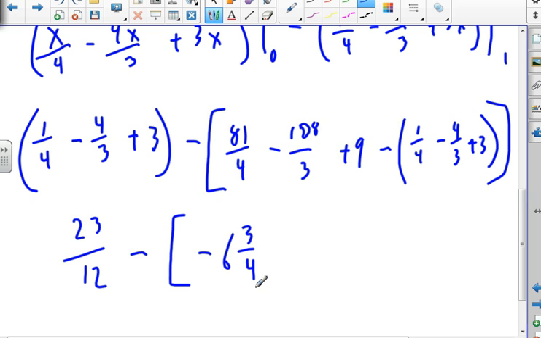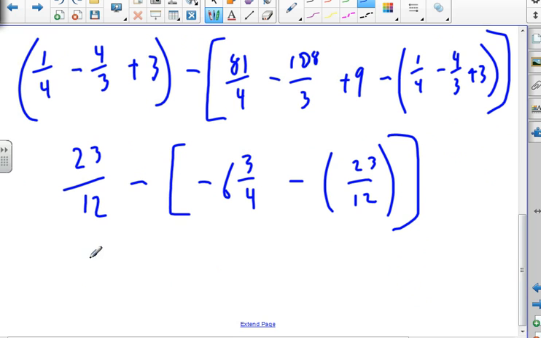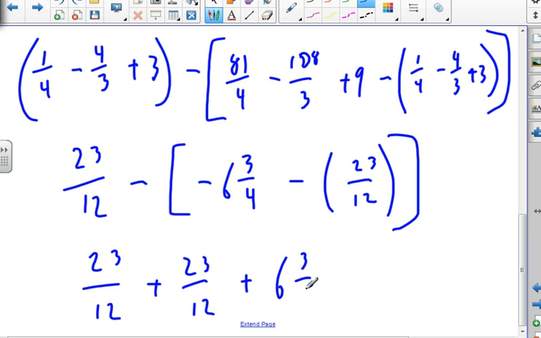Yeah, I guess it could be. Okay. Minus this number, which is the same as that number, 23/12. Alright, so I got 23/12 plus 23/12 plus 6 3/4.